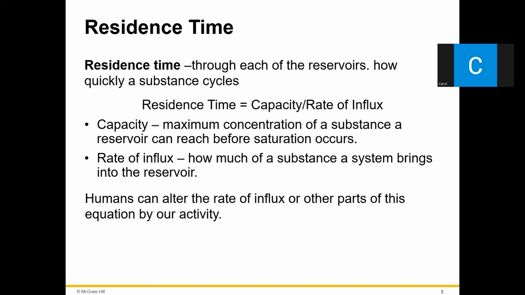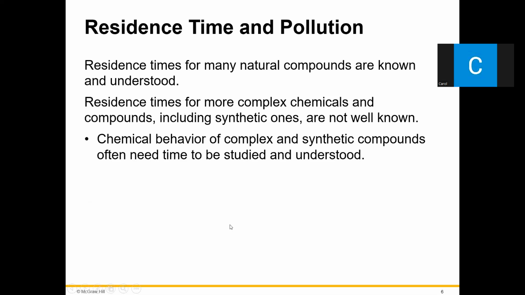Depending on the different chemicals and how quickly they become saturated and precipitate out or not is going to be the capacity. And then humans can alter the rate of influx or other parts of this equation by our activity.